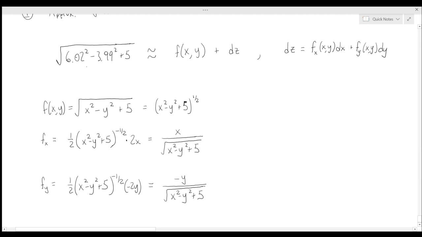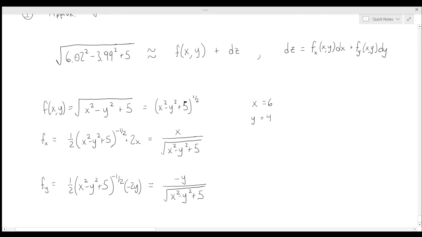So I'm just going to round them to the nearest nice number. For 6.02, I'm going to round it to 6 because that's the nicest number that's close to it. And for the 3.99, I'm going to round it to 4 because that's the nicest number that's close to it. So these would be the values that I'm going to be plugging in for x and y everywhere.